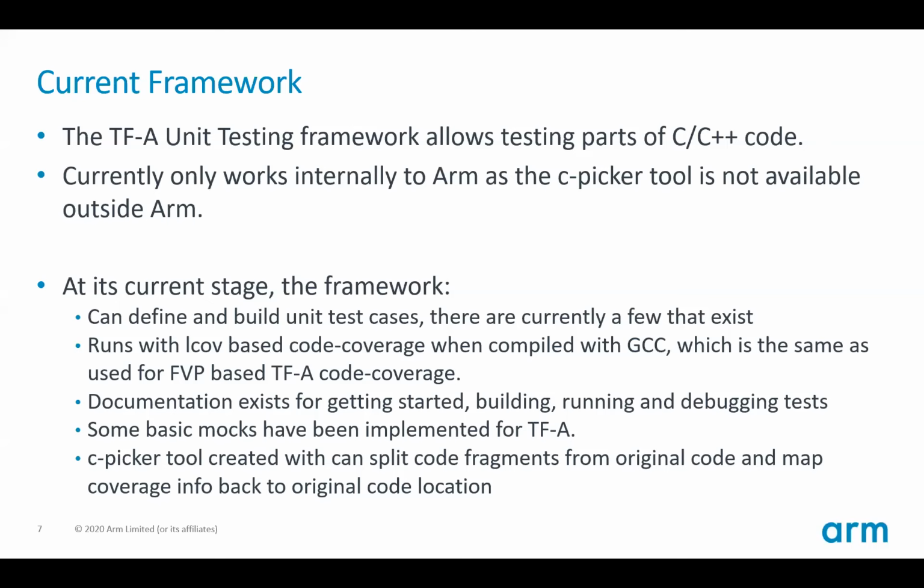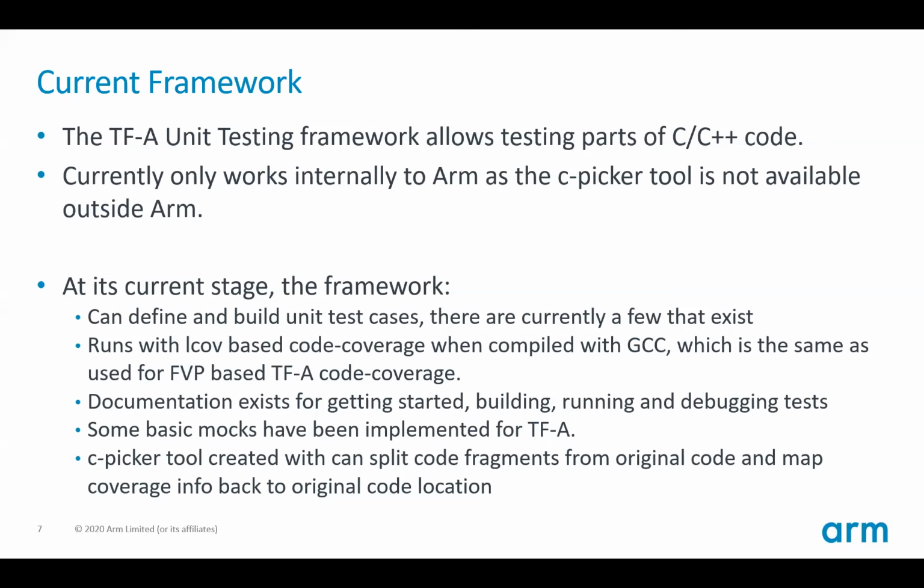So to get into our current framework, it's currently internal because we have a new C-Picker tool that's part of the framework that's not available outside of Arm yet. But at its current stage, we're able to define and build unit tests. It's able to run with LCOV-based code coverage. This is good because it's the same as what we use for FVP TF-A code coverage.